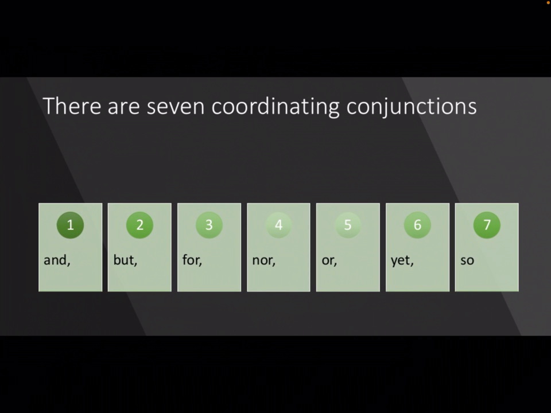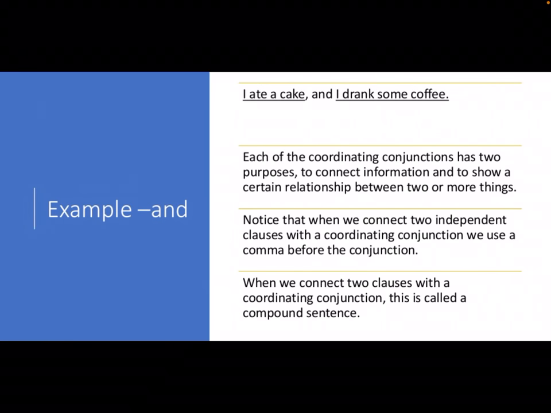So, when do we use and, but, for, nor, or, yet, and so? إيش بنستعملهم? I'm going to tell you when and give you some examples. For example, I ate cake and I drank some coffee.